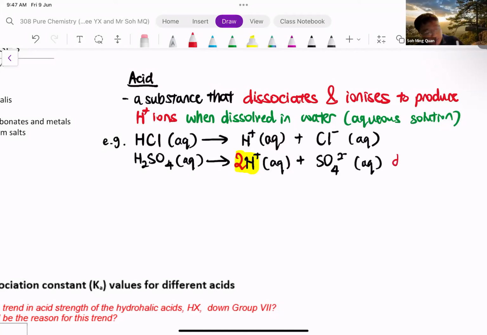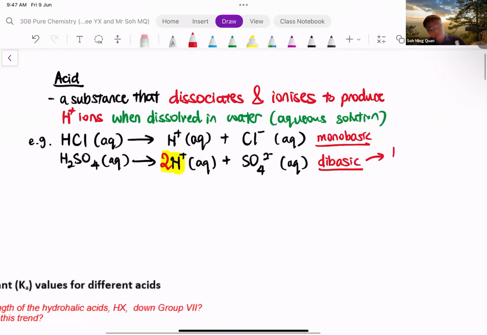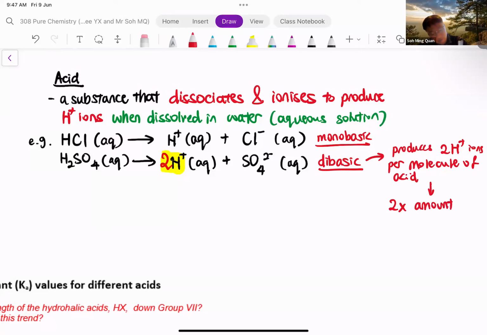So we say that sulfuric acid is dibasic, whereas hydrochloric acid is monobasic. Dibasic means it produces 2 H+ ions per molecule of acid. So per molecule of H2SO4, you will produce 2 H+ ions, and you already know it will have 2 times the amount of H+.